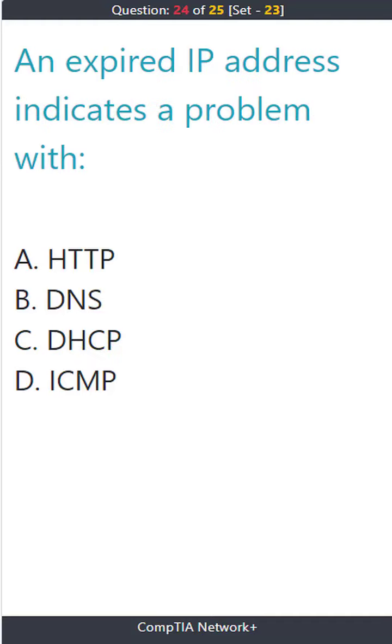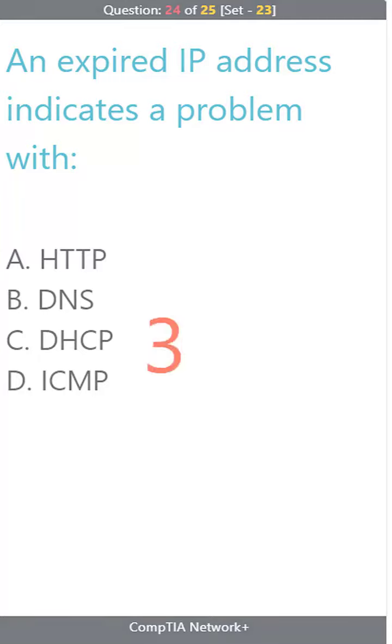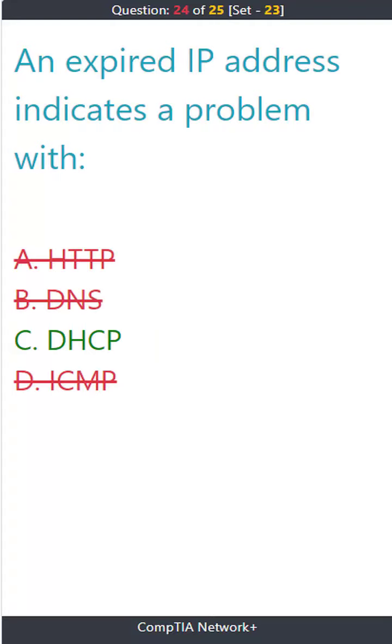Question 24. An expired IP address indicates a problem with A. HTTP. B. DNS. C. DHCP. D. ICMP. The correct answer is C. DHCP.